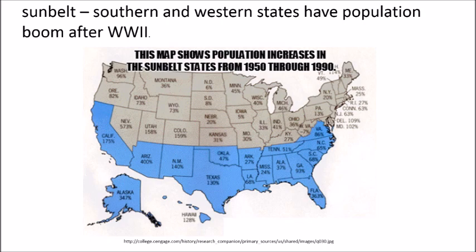But one of the reasons that we saw a huge shift from this population up north, and especially in the Northeast, all the way out to the southern and western states, which the Sun Belt is roughly all these states in blue, aside from Alaska. We wouldn't really consider that the Sun Belt. Sun Belt being called that because of the warmer climate.